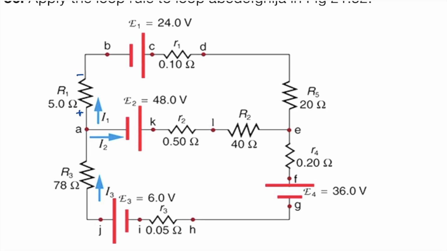This current I1 is going clockwise in the top half. So we will have I1 going like that and I1 going like that. So we can mark the C end of little r1 is where the positive end is, and the other end is minus.